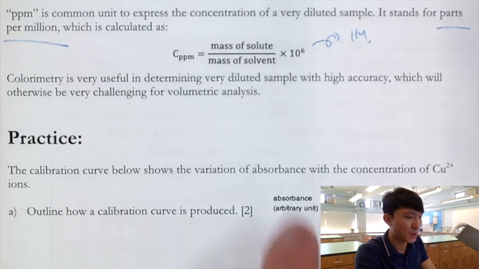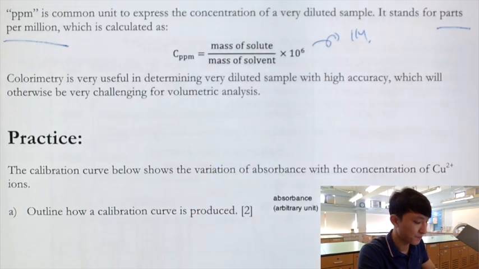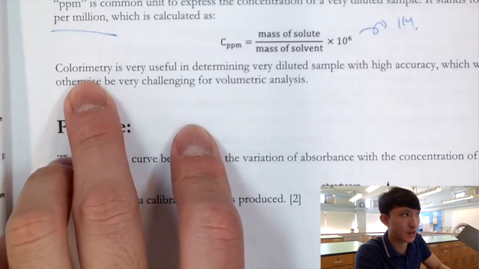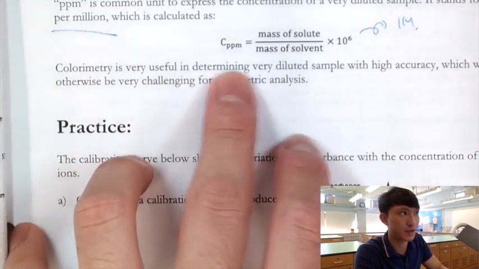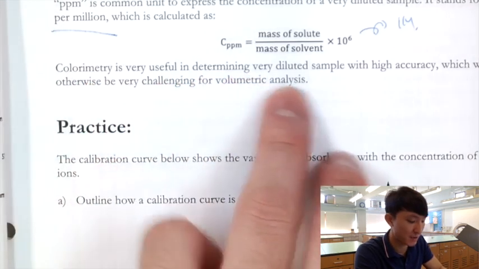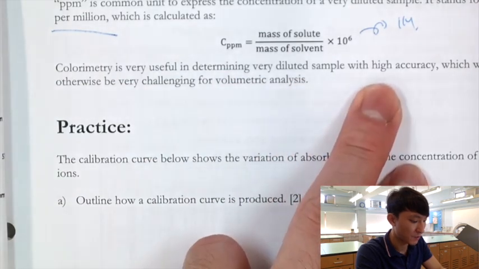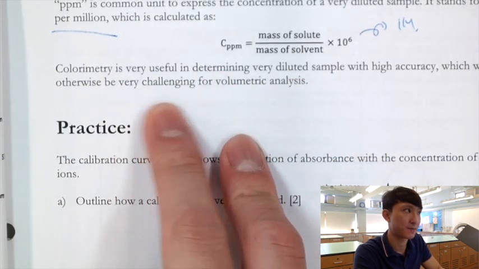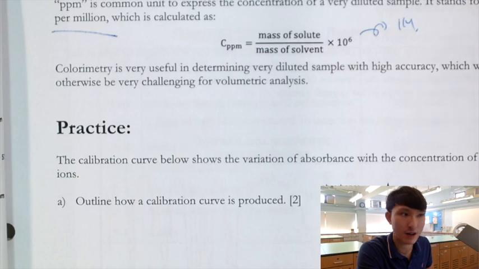So that's why we multiply by a huge number. So you see, colorimetry is a very useful technique to determine very dilute samples with high accuracy, which would otherwise be very challenging. So this is the strength or advantage of using this technique.